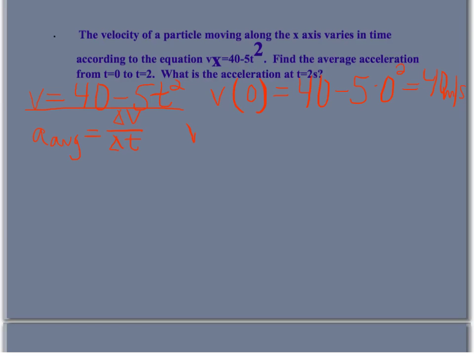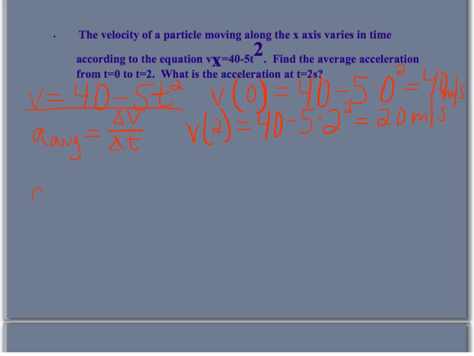Looking at the 2-second point in time, we could again go to our equation and we'd plug in 2 seconds worth of time. And we'd find that in this case, when we plug those numbers in, our velocity is 20 meters per second.